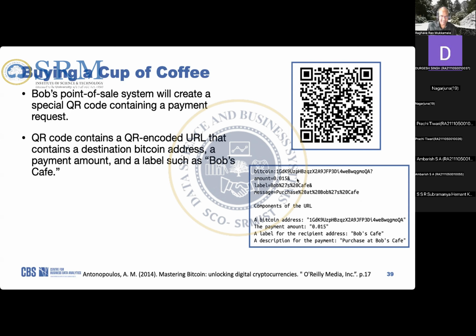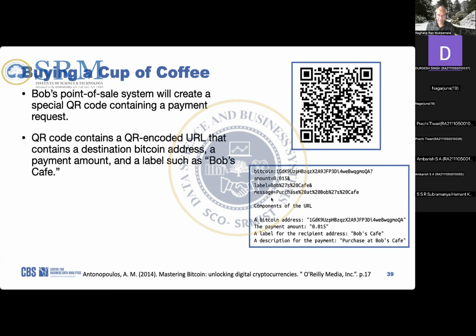So what are these ugly characters? This is nothing but URL encoding. If you have studied web programming, you cannot use spaces and other kinds of characters in URLs. So what you have to do is encode them into some characters. For example, here we have Bob's Coffee Cave.